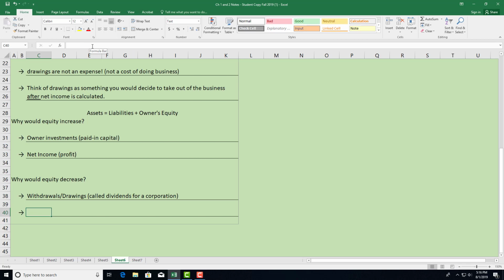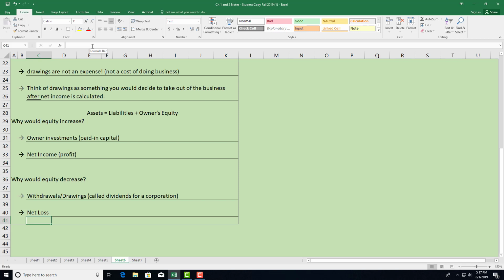So if we have the corporate form of business and we take a distribution, those distributions are specifically called dividends. And that's just really practical for you to know, even if you're not a business major. That's one of those little pieces of information that really everyone should know. And then another reason equity could decrease is if we have a net loss. So if our expenses exceed revenues, then that would decrease equity.